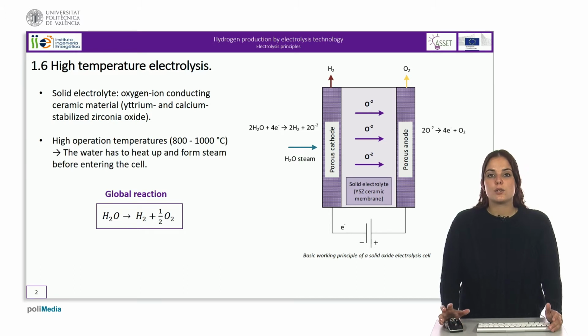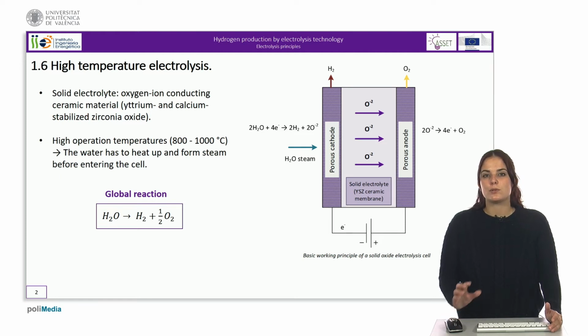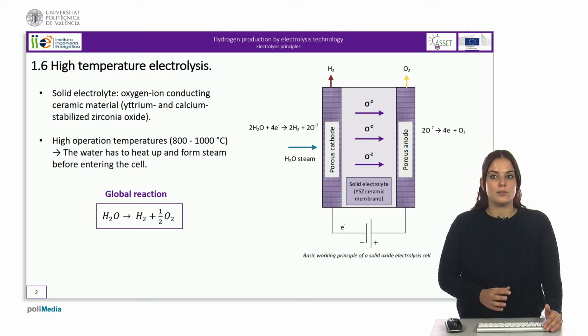This material shows a high conductivity for oxygen ions at operating temperature, and the most commonly used is yttria and calcium stabilized zirconia oxide. The electrode and electrolyte materials, as well as their geometry, can change depending on the operating temperature in order to optimize their performance.